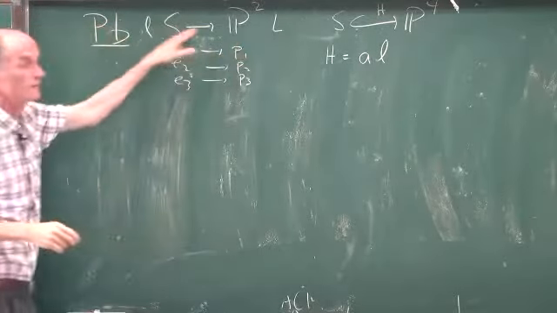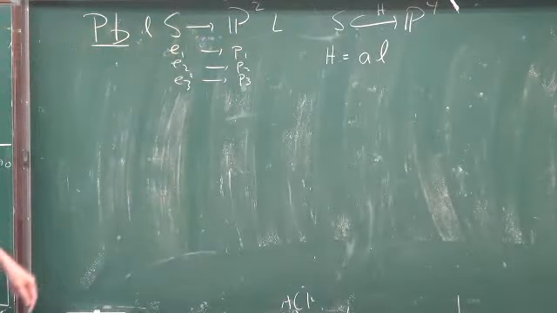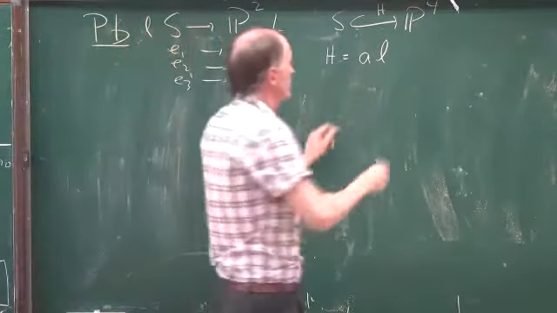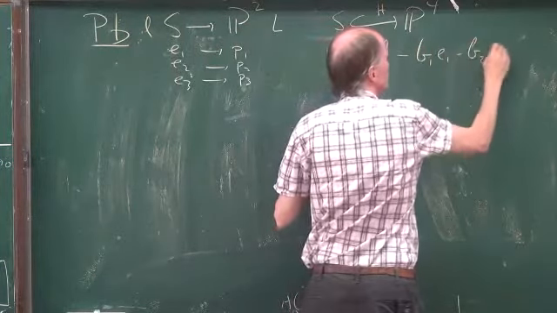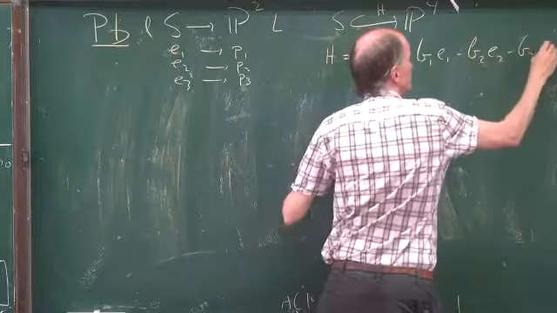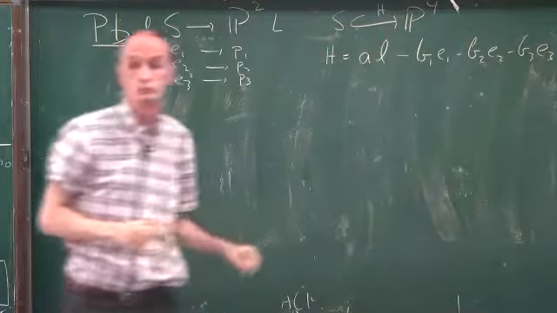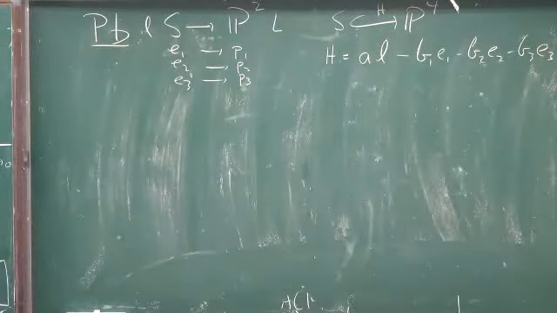The pullback of a line from the plane is L. A times L minus B1 E1 minus B2 E2 minus B3 E3. That's the form.